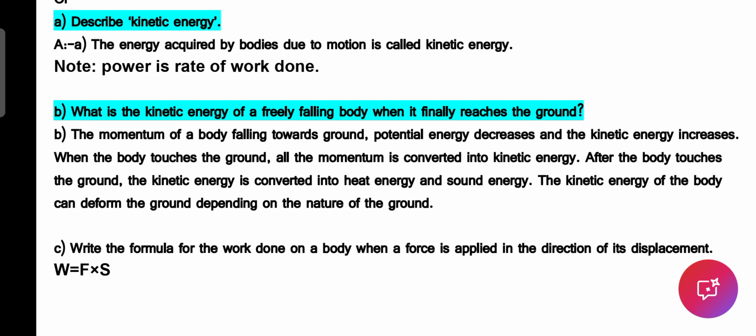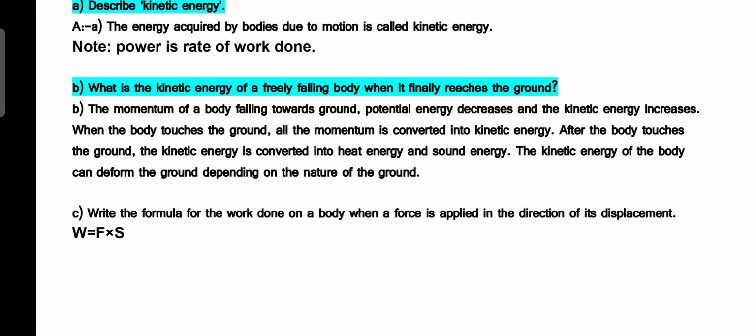When it touches the ground, the energy is converted completely into kinetic energy. After it touches the ground, the kinetic energy converts into heat energy or sound energy. And the kinetic energy of the body can also bring deformity in the ground. It can change the shape of the ground. It depends upon the nature of the ground also.